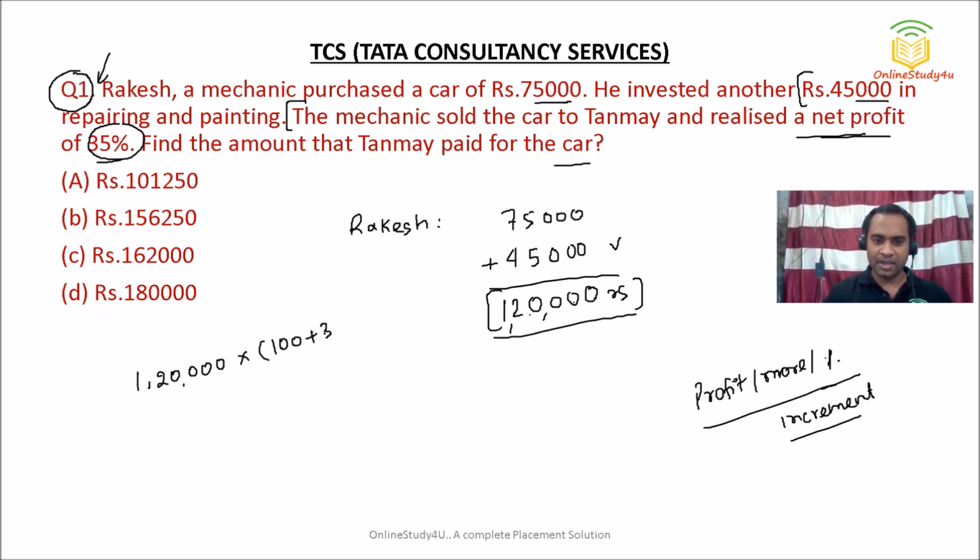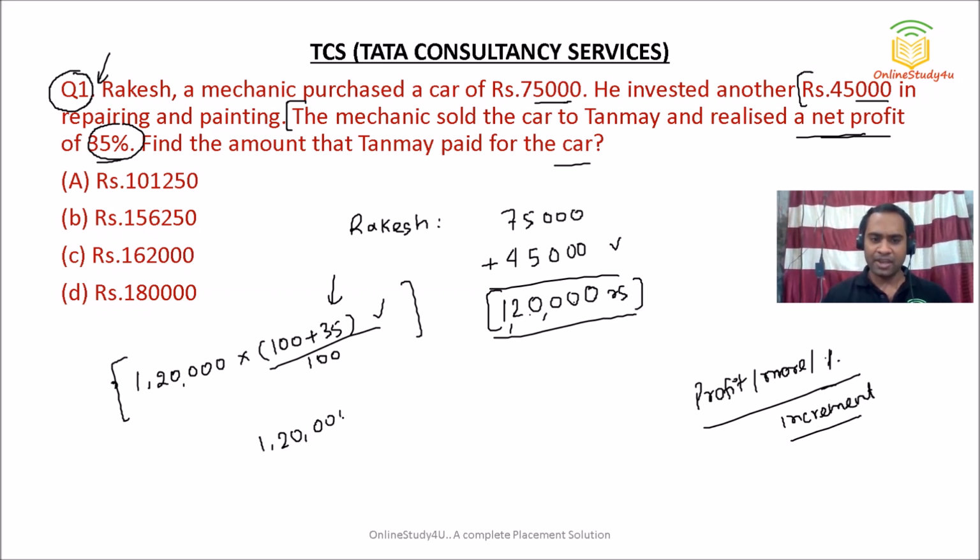So 100 plus 35, divided by 100. If you have any kind of profit, more, or increment, you need to add it to 100 and then divide by 100. Simple concept, remember it friends. Trust me, your problems will become very easy.